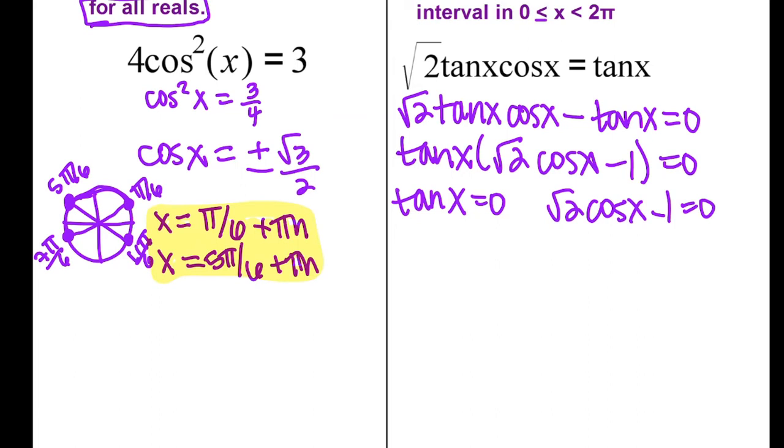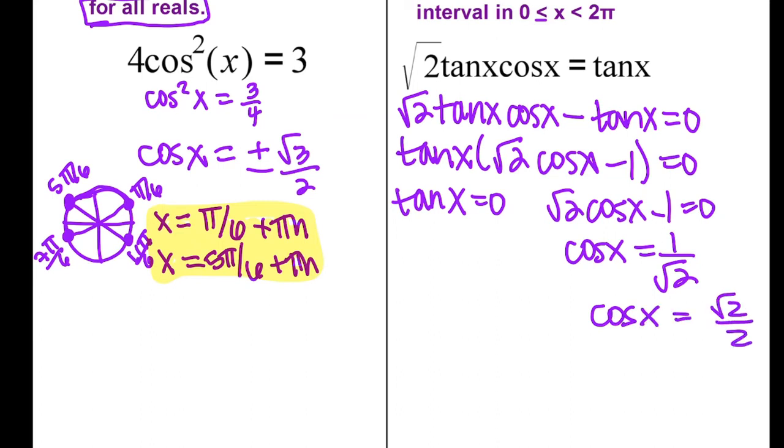So if we didn't do that, then we would have a problem missing one whole set of solutions when tan equals 0. And so let's finish this one on the right first and rationalize so it matches how our unit circle is. And then we can solve each of these. So when is tan equal to 0? Okay, well, tan is y over x.